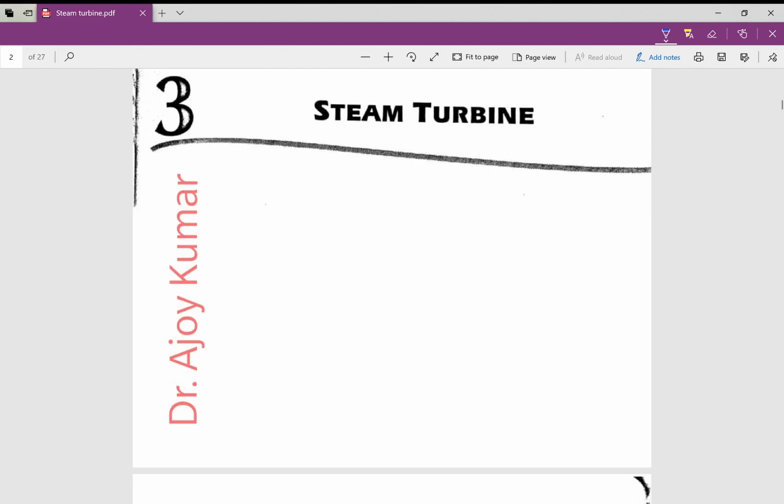So a brief sketch, let me draw for a steam turbine. Here this is your blade of steam turbine. This part is a wheel. Let me draw another blade.